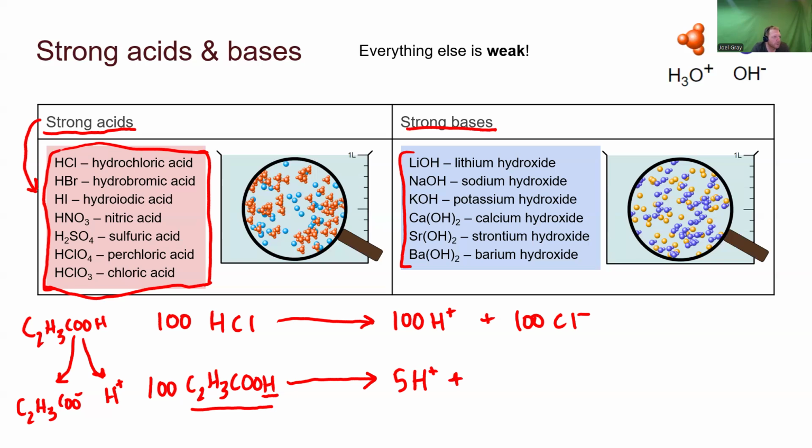Then we get 5 C2H3COO minuses. Then we get C2H3COOH. How many of these are left?